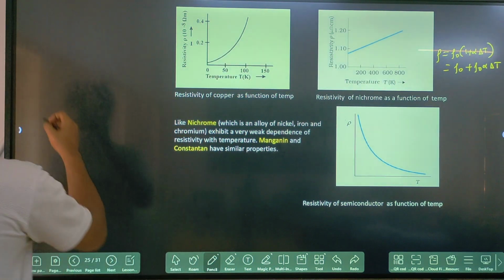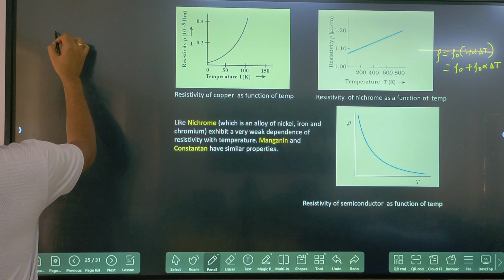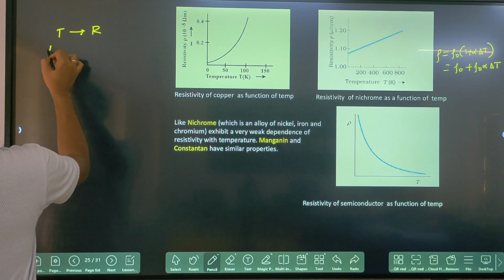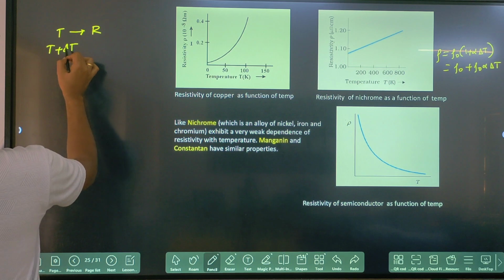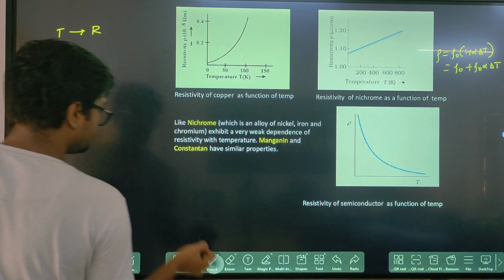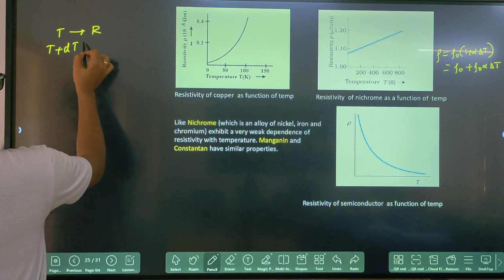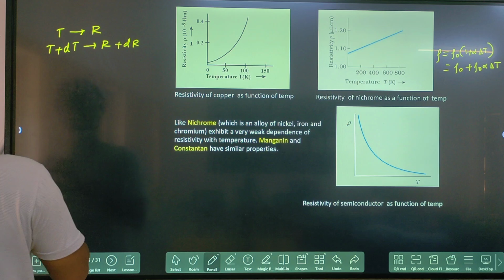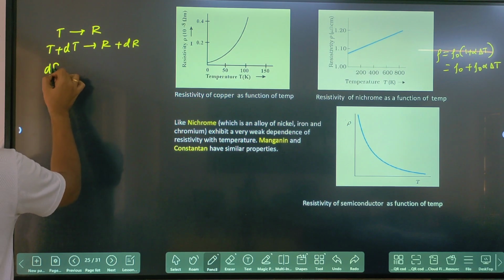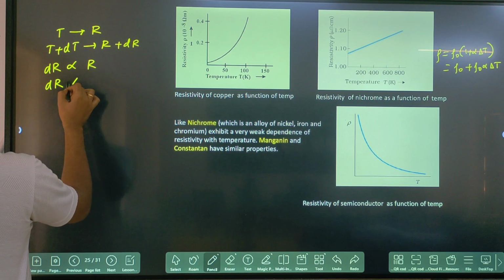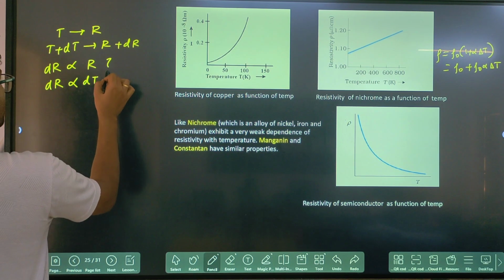So what is basically happening is, let's say at temperature T the resistance is R. In this general derivation, at temperature T plus dT, the resistance is R plus dR, right? And I know that dR is proportional to R and dR is also proportional to dT. These two are experimental.